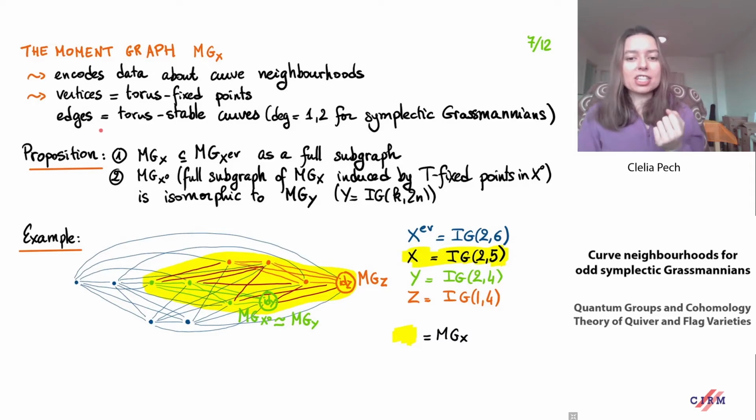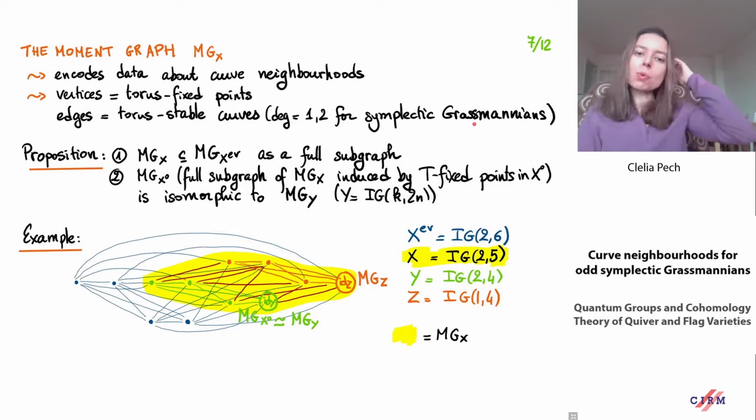And now my edges are going to be torus stable curves. So in some cases, if you have two torus fixed points, you can connect them by degree 1 or 2 torus stable curves. Sorry, degree 1 or 2 for symplectic Grassmannians. Degrees could be higher in other types.